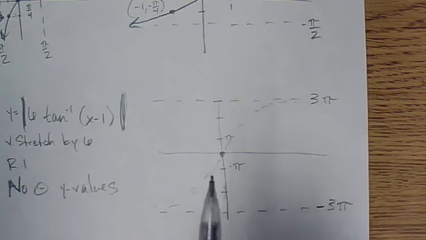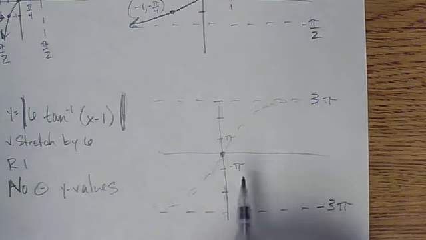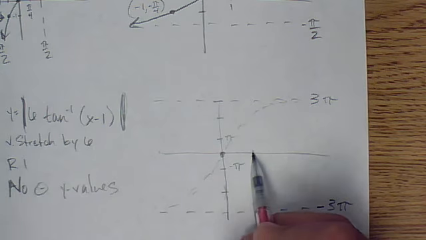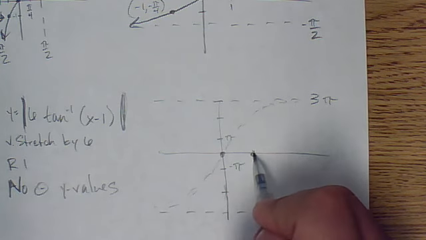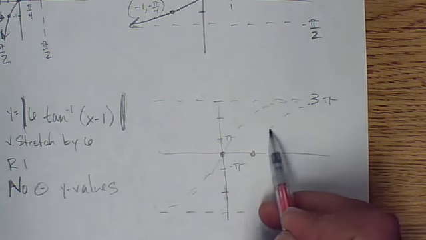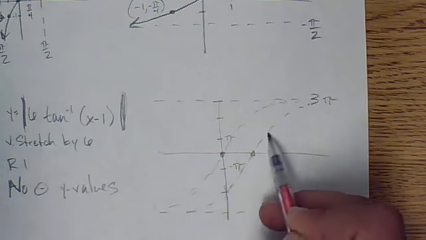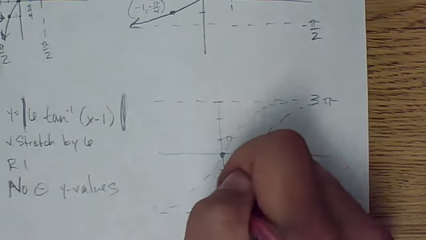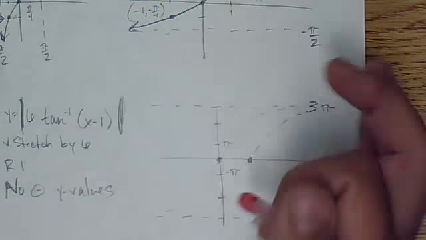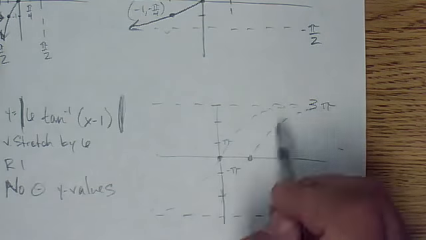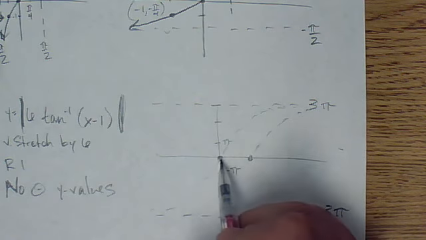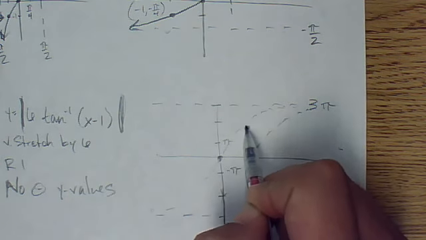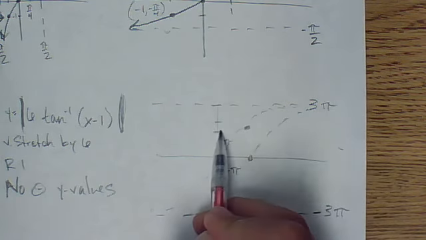It's been vertically stretched by 6. Now it moves right 1, so that point comes right here. And then the last one, no negative y values, so everything down here just flips up. Now, this point, it was at 3 pi over 2.